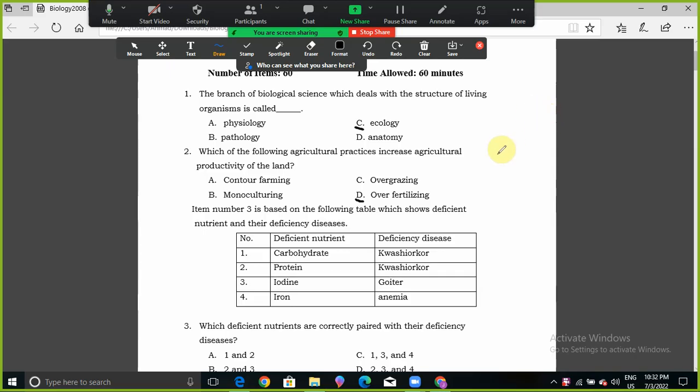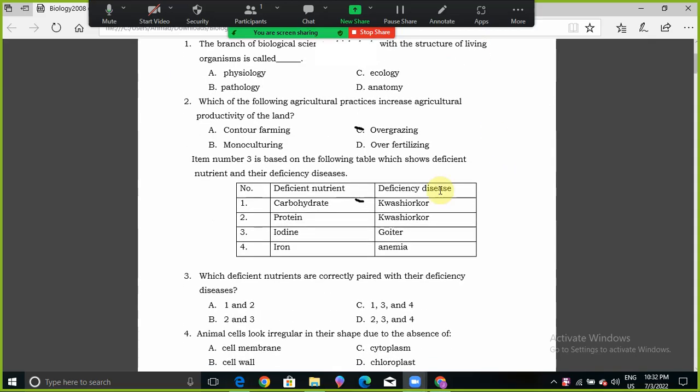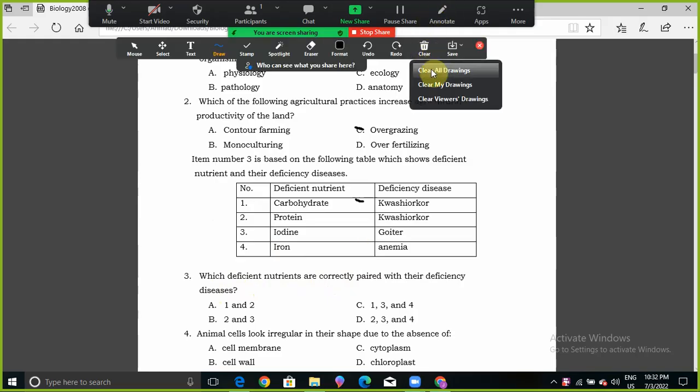Now, question number 3 says which deficient nutrients are correctly paired with their deficiency disease. For example, 1 and 2, which is carbohydrate kwashiorkor and protein kwashiorkor, no. Okay, 2 and 3, which is protein kwashiorkor and iodine goiter, yes, it's correct, but there is also another one. Here it says 1, 3 and 4: carbohydrate kwashiorkor, iodine goiter, and iron anemia.